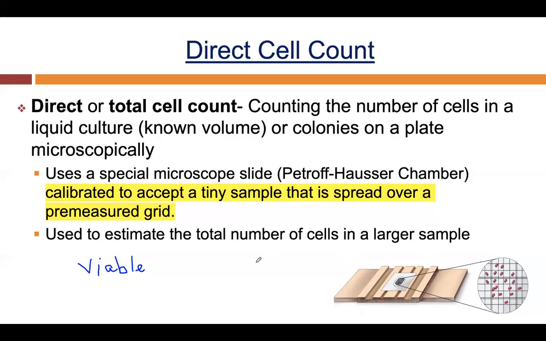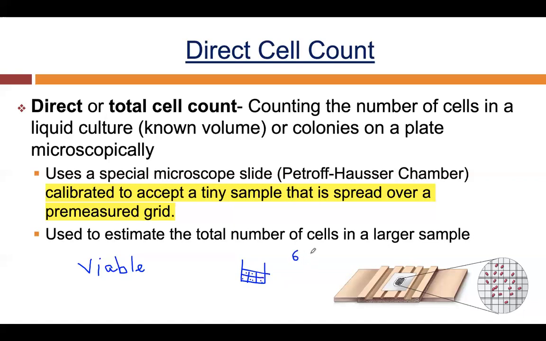Let's say this is the center of the slide, and this is the gridded area. It looks like that. Let's say we have 6 bacteria within these 6 boxes.